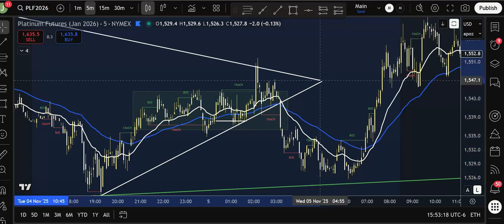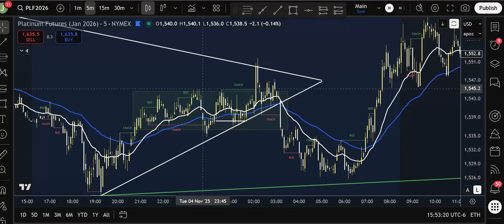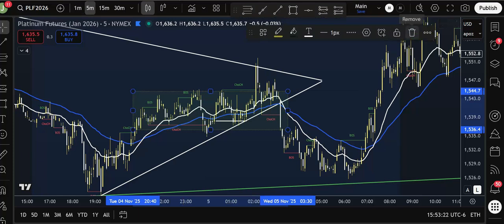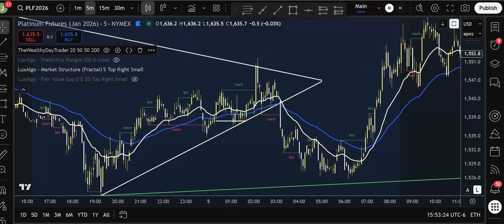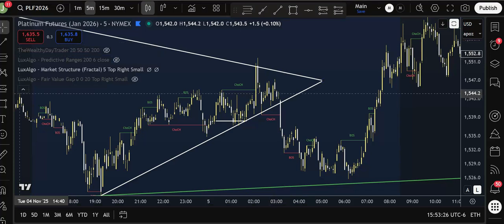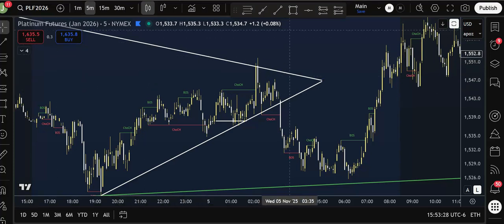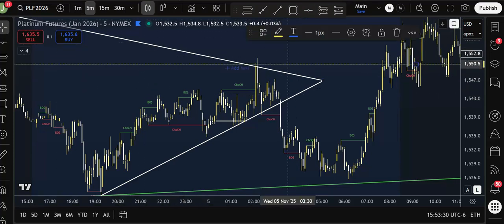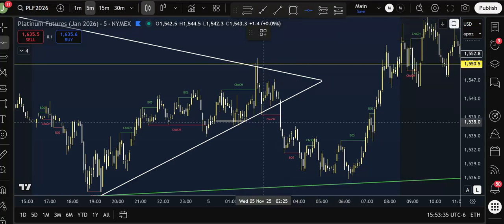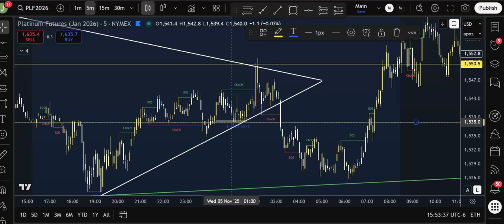And I know trying to mark up your charts and make it look crazy, sometimes when you're marking charts, plus you have all your indicators up, I know it does look a little busy.